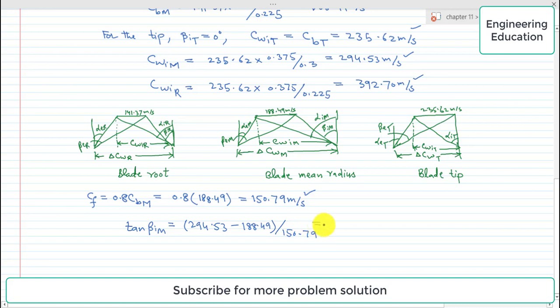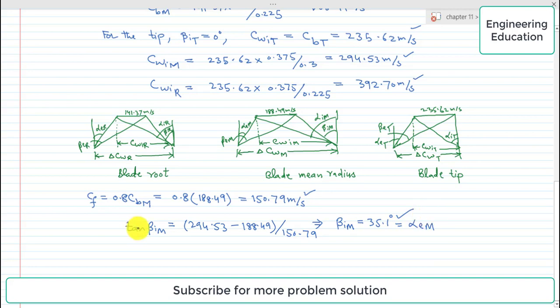When we solve this for beta Im, the value of beta Im is 35.1 degree, and this value beta Im is equal to alpha Em.